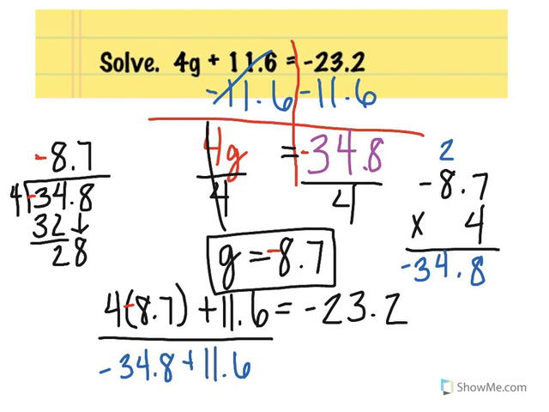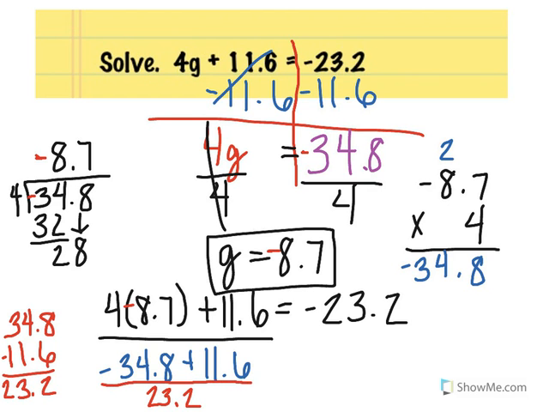Now I'm adding a negative and a positive, which means I'm actually going to take away and give it the sign of my bigger value. Do I have more negatives or more positives? 34.8 minus 11.6 gives me 23.2. And in my addition problem, I had more negatives than positives, so this is going to be negative. And that is equal to negative 23.2. So we're good.